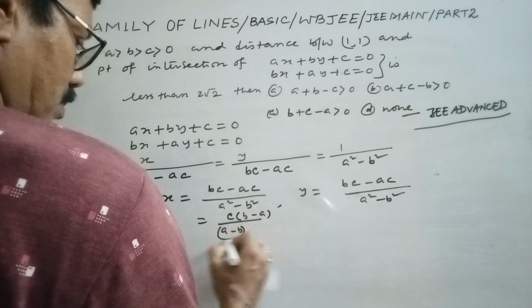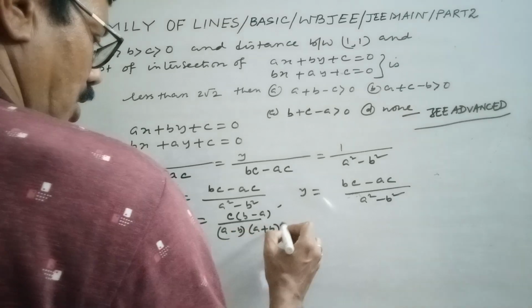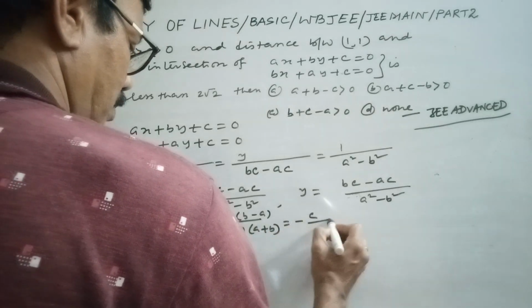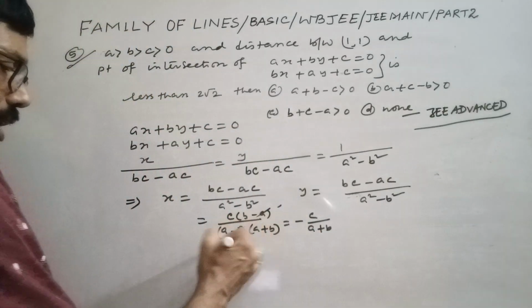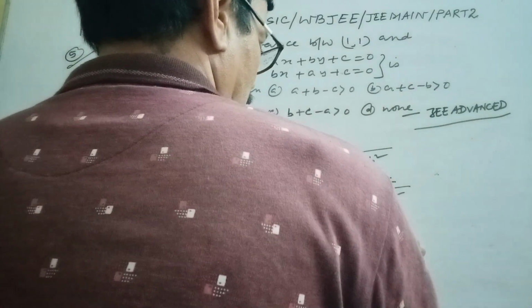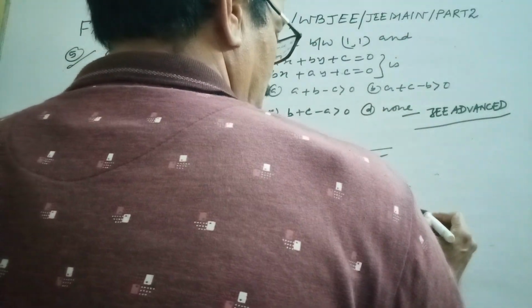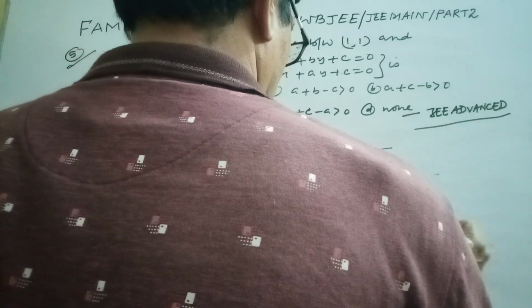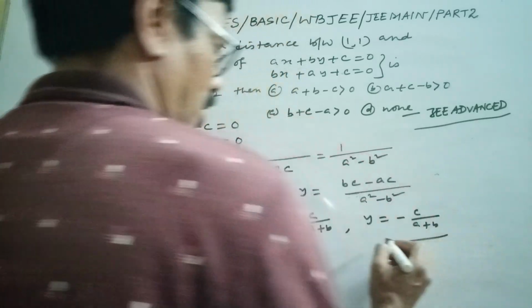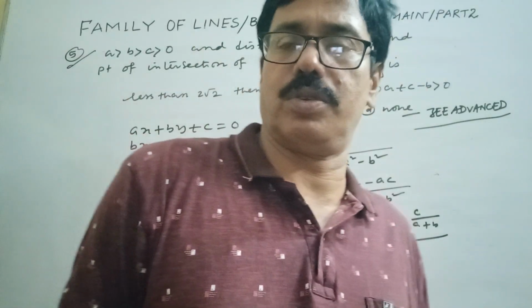So a minus b, a plus b. So we are getting minus c by a plus b. Because a not equal to b, you can cancel. Now what is y? c into b minus a. So same, this is minus c by a plus b. So this is the point of intersection.